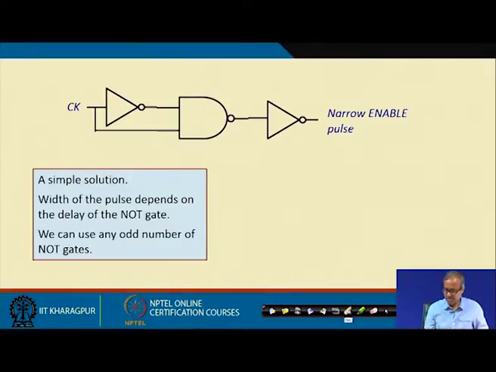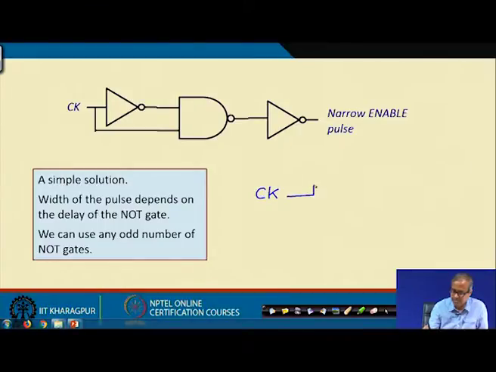Let us try to understand this circuit. Here we are saying that there is some kind of a clock signal we are applying. Let us say this is my clock signal. So, I am showing two such pulses. Let us call this A. Okay.